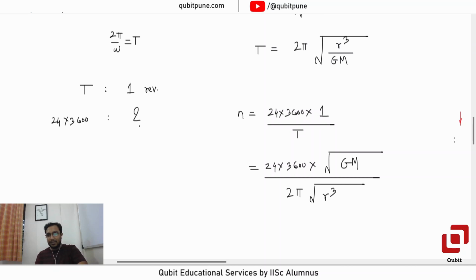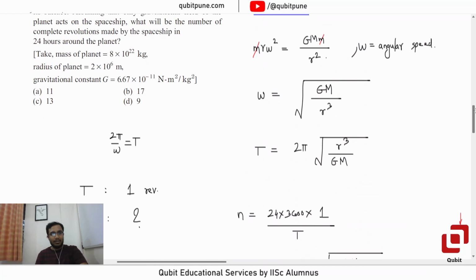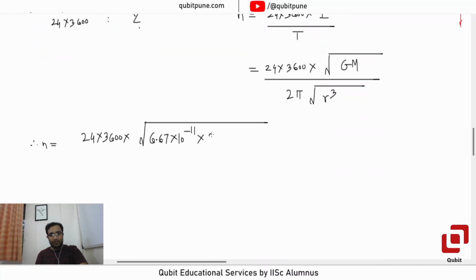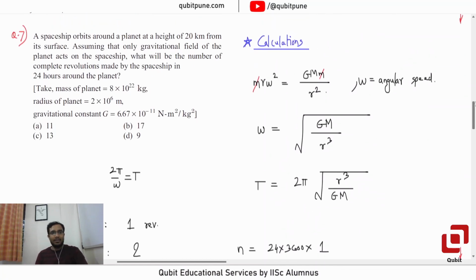Now let us substitute everything. 24 into 3600 into root of 6.67 into 10 raised to minus 11, mass of the planet 8 into 10 raised to 22 kg upon 2 pi. How much is the radius?